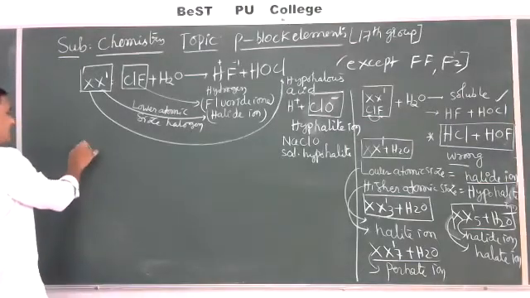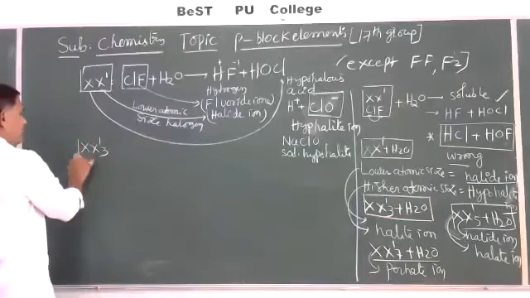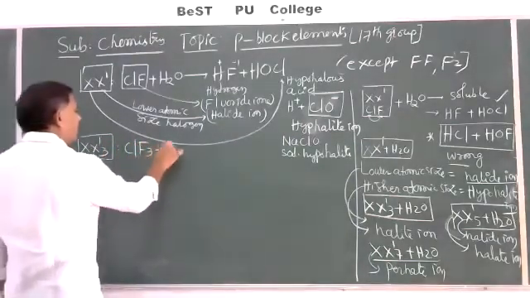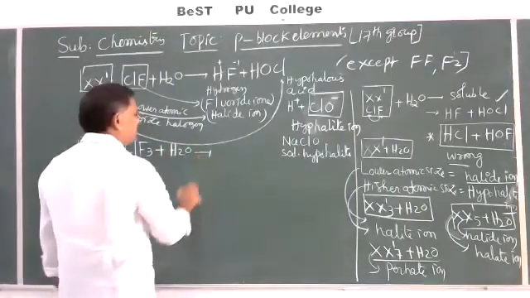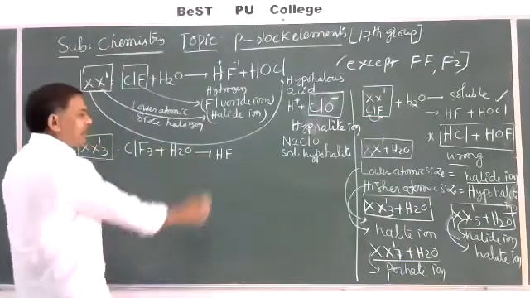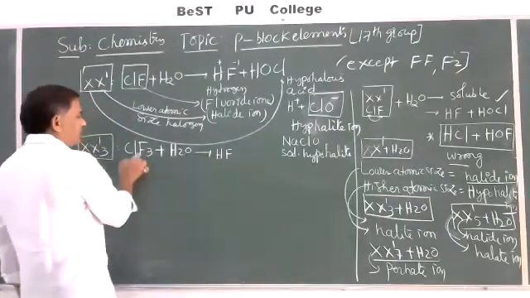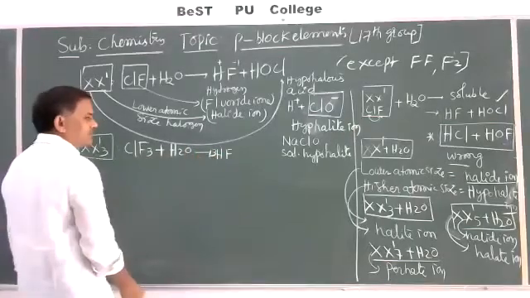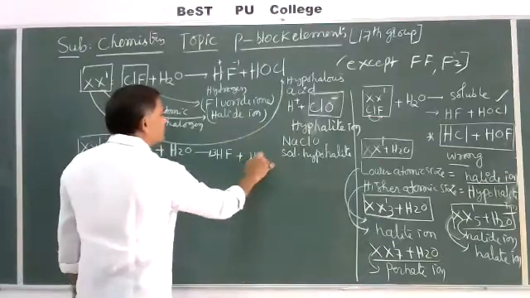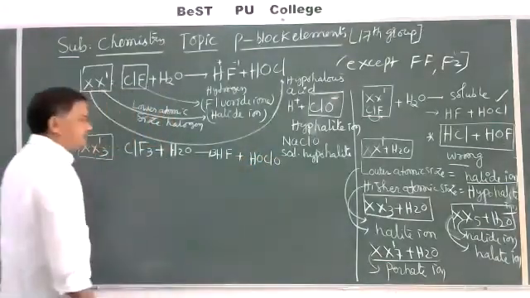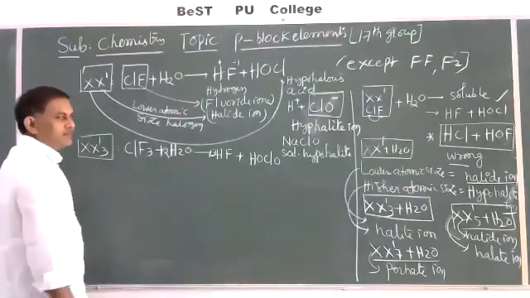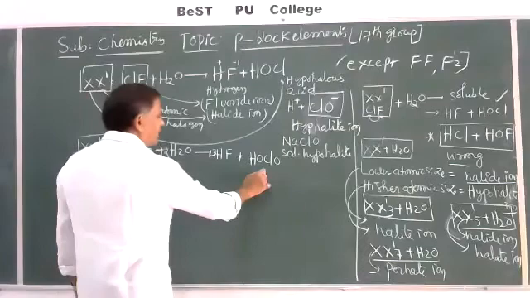Similarly, X dash 3. For this, the example is ClF3 reacted with water. It gives, similarly, HF, hydrogen fluoride. Now 3 moles are there. Now it gives HOClO, and here 2 moles are required.